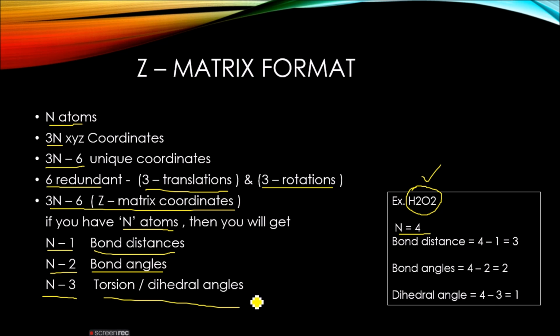Here we have hydrogen peroxide with 4 atoms, so n is equal to 4. How many bond lengths? 4 minus 1, 3 bond lengths. Bond angles, 4 minus 2, 2 bond angles. And dihedral angle, 4 minus 3, we get only 1 dihedral angle for your H2O2 molecule.